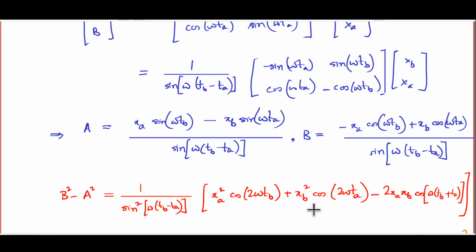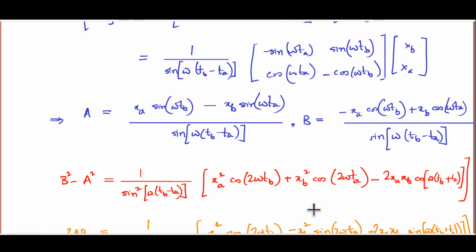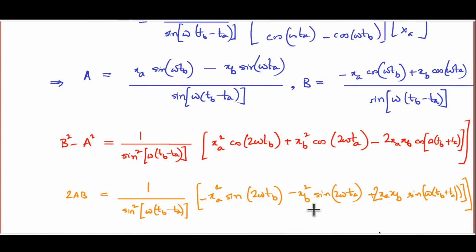And you can continue and figure out that the coefficient of 2 xa xb is cos omega (Tb plus Ta). Well, twice AB, you just multiply the two together, throw in an extra 2, and it's pretty easy to see that you are going to get something which looks very similar to the previous one, except that xb has been multiplied by sine instead of cosine again.